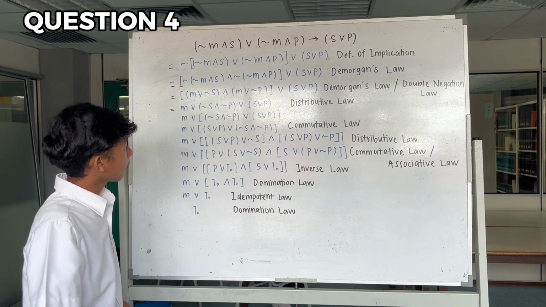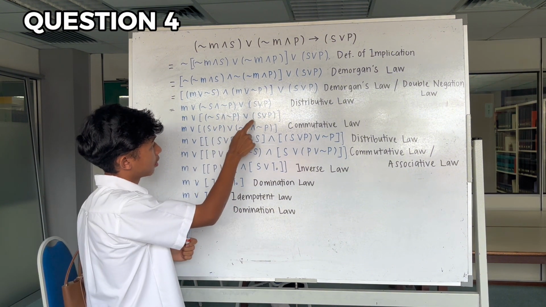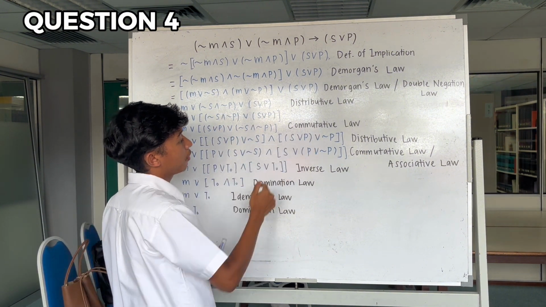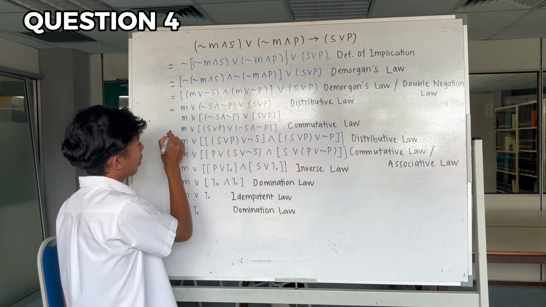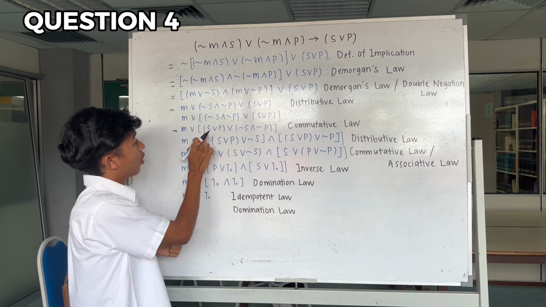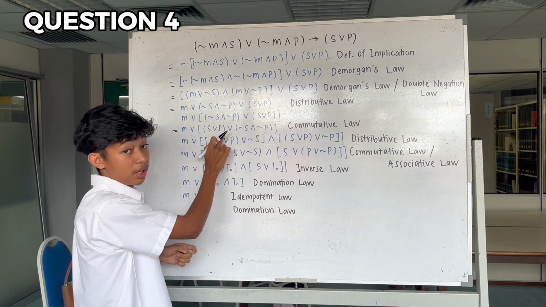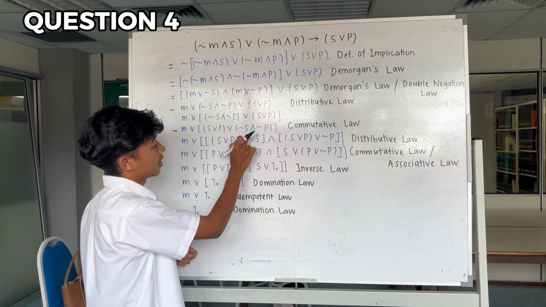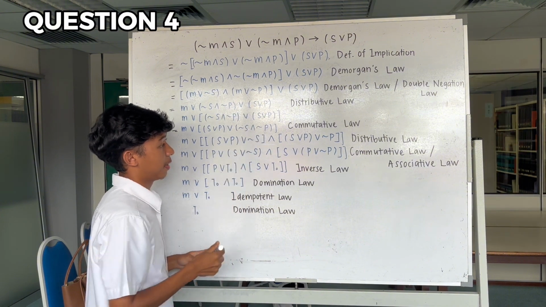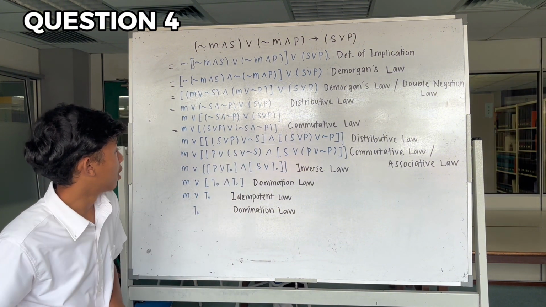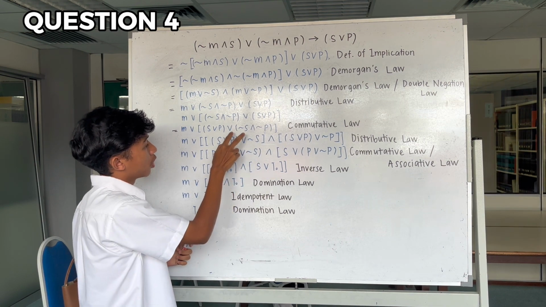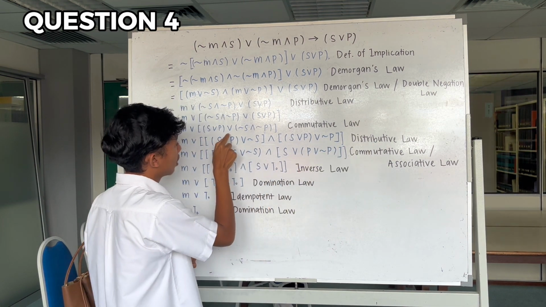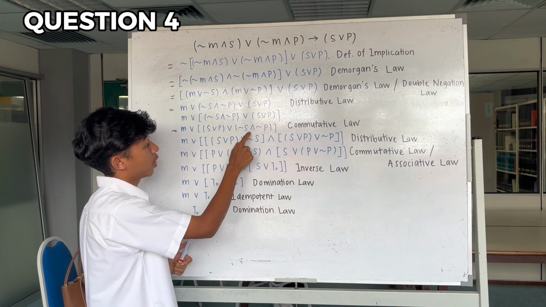So from this, we use the commutative law that we change the variable. So we get M or open bracket S or P or negate S and negate P. So we know we can use the distributive law because this one is or and this one is and.